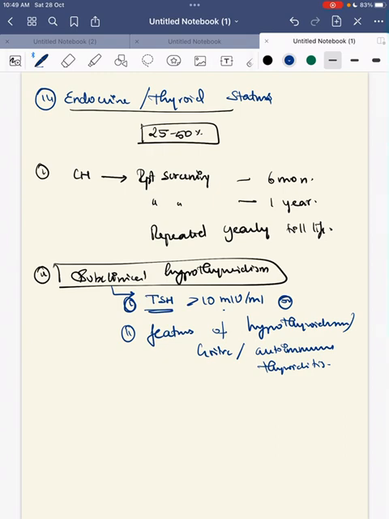When you find these features, then you can treat the subclinical hypothyroidism.